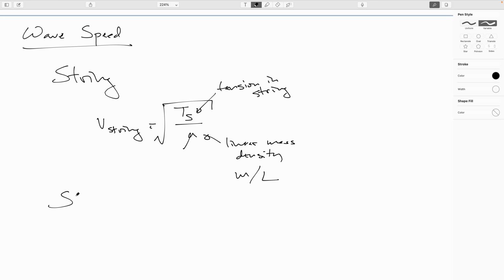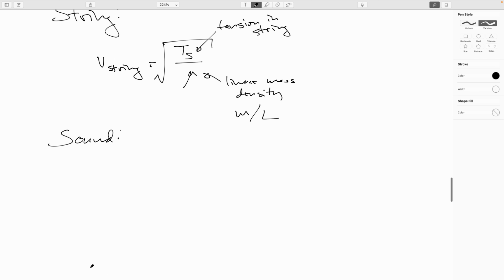Similarly for sound, in order to find the speed of a longitudinal wave in, say, air or something like that, it involves an upper level treatment of thermodynamics.